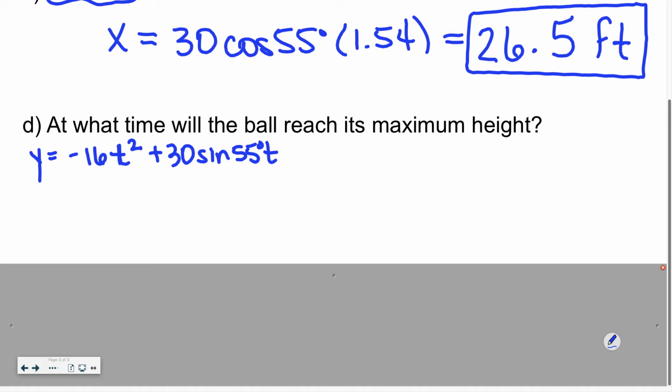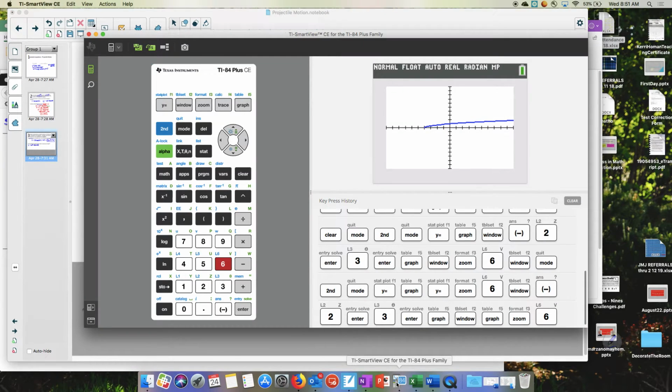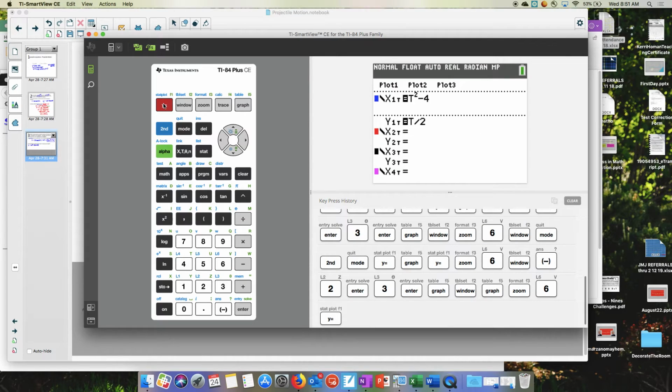Did anybody put this graph in their calculator to see what it looks like? Should I do it? That would be smart. Should I do it? Thank you. Okay. Will you remind me what it is?